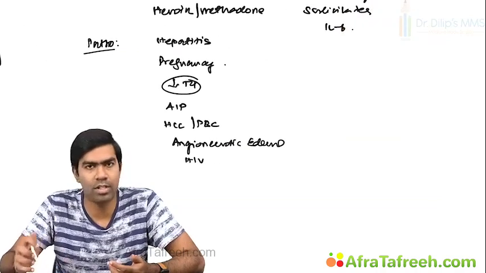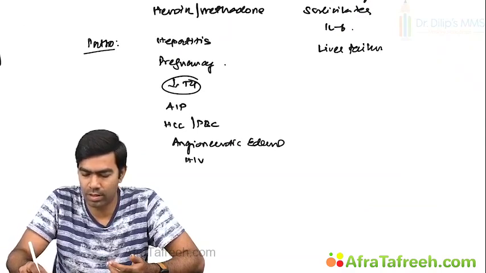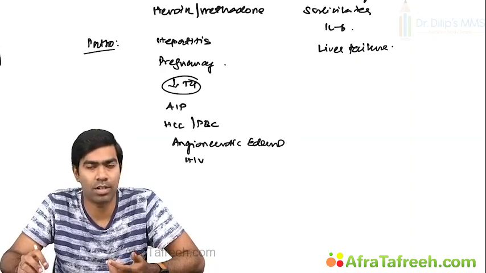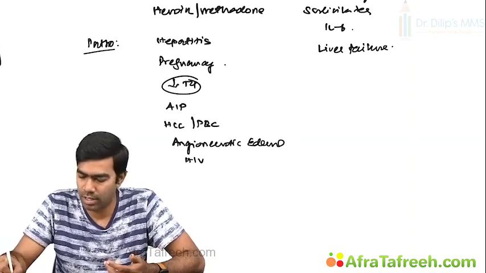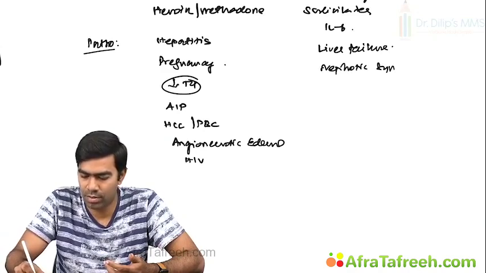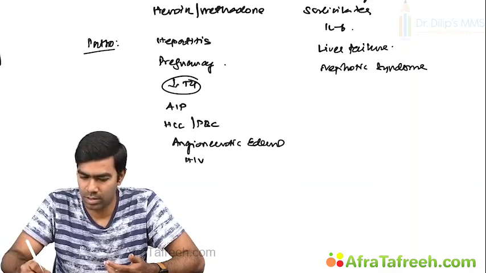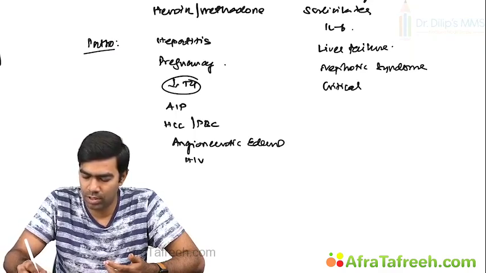What are the conditions that reduce the TBG? Liver failure, obviously. There are no cells to synthesize this TBG at all. Then in nephrotic syndrome, that is because of heavy proteinuria and leakage of this TBG in the urine. Then in critical illness, including sepsis.